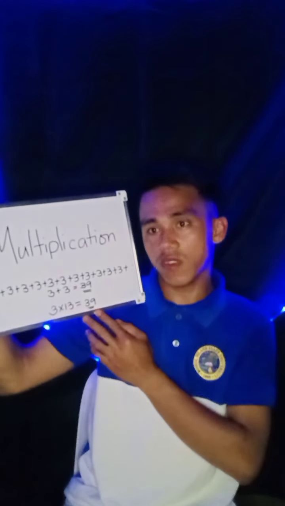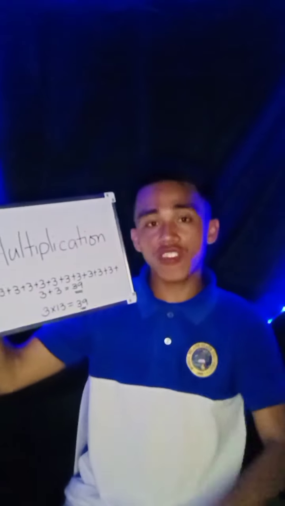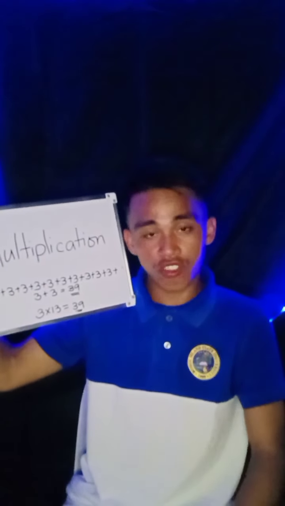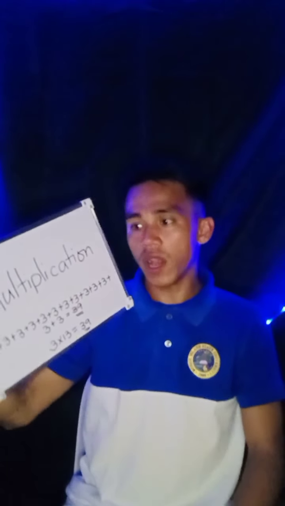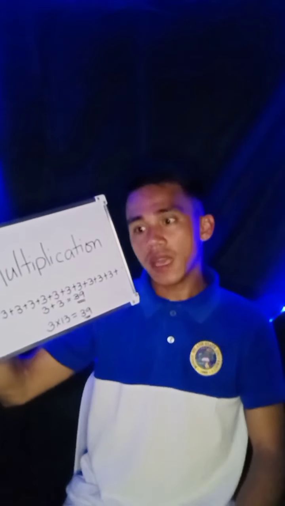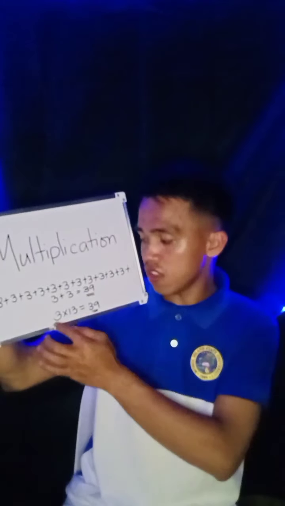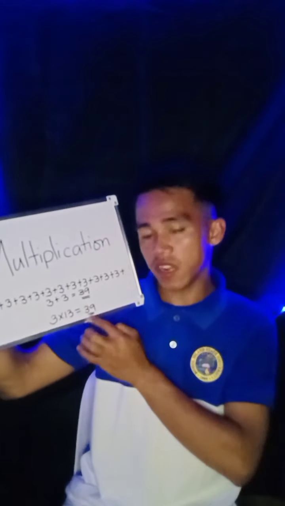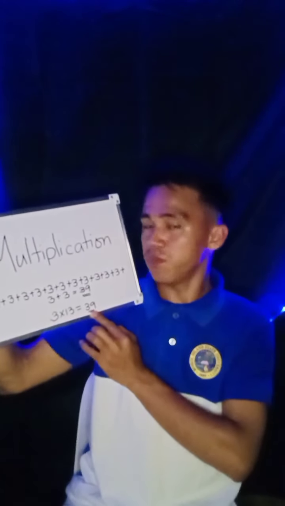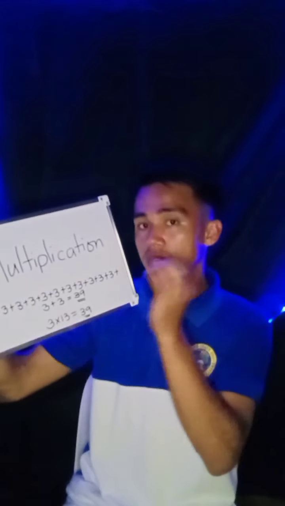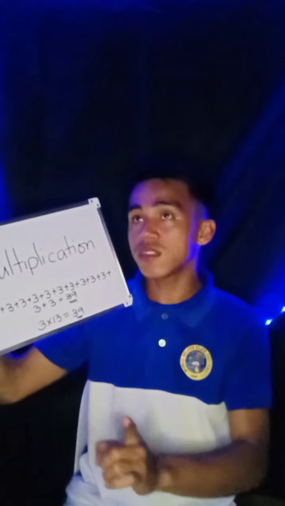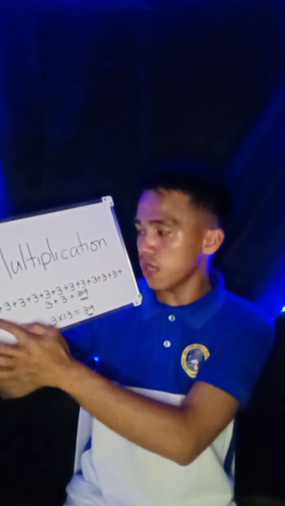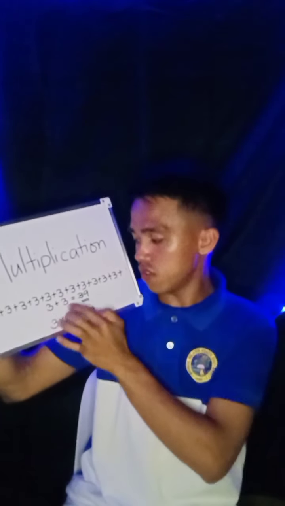So as I have said, multiplication is also called repetition or repeated addition. The multiplication sentence is 3 multiplied by 13, and the answer is 39. If you add 3 thirteen times, it comes to 39.